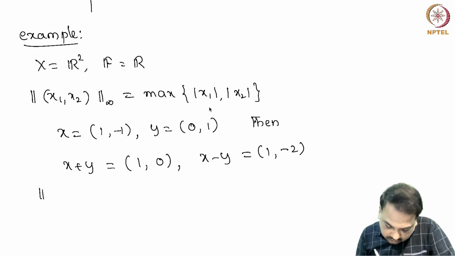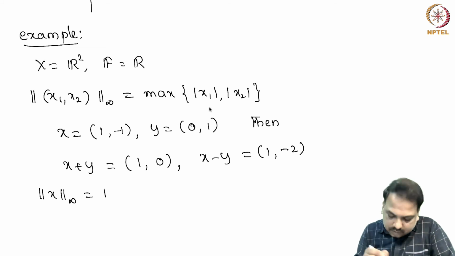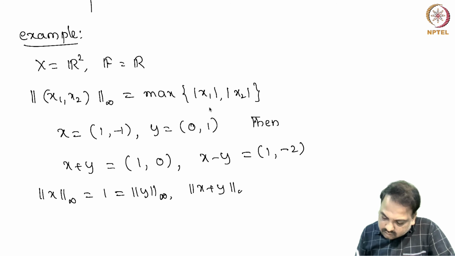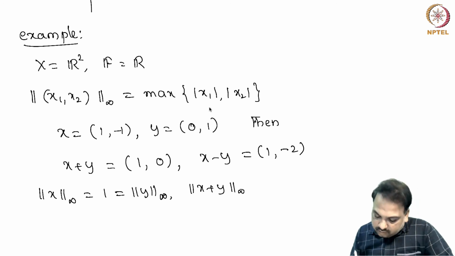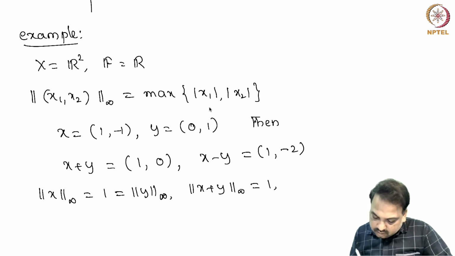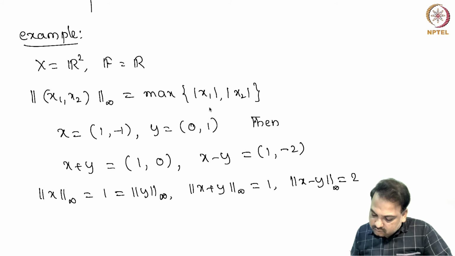So if you look at norm of x is 1, this equals norm of y, whereas norm of x plus y is nothing but 1, norm of x minus y is nothing but 2.